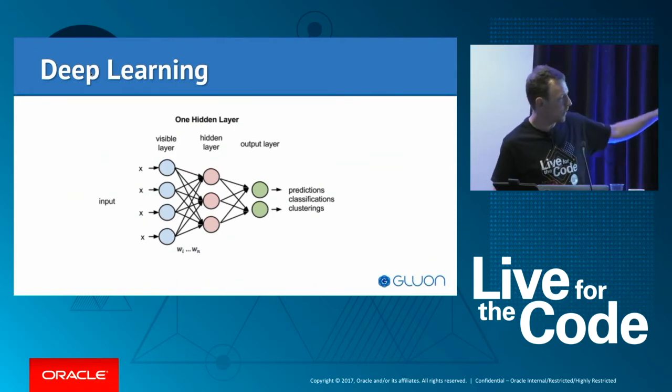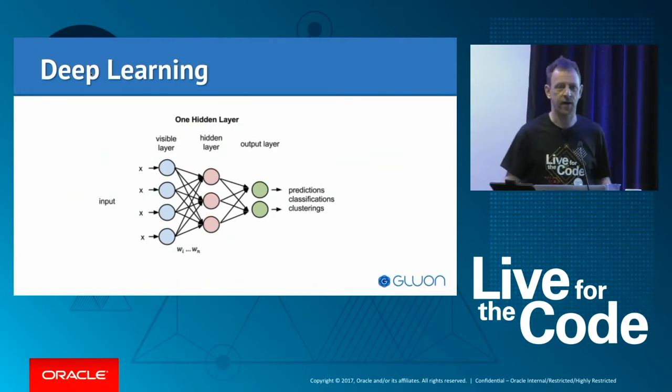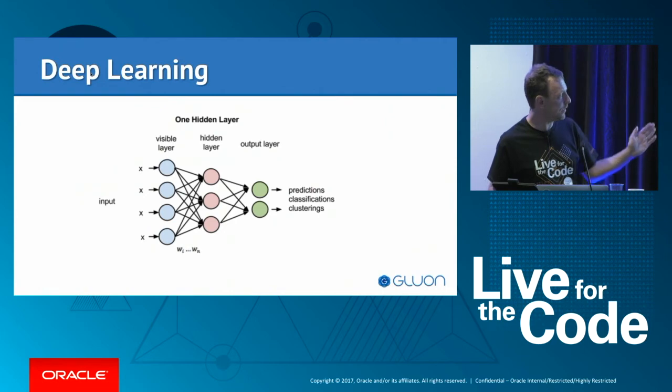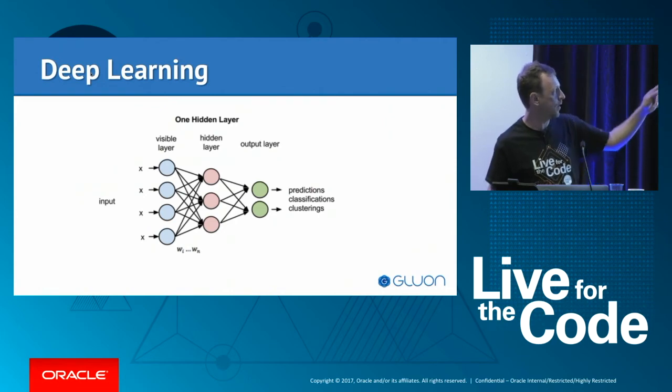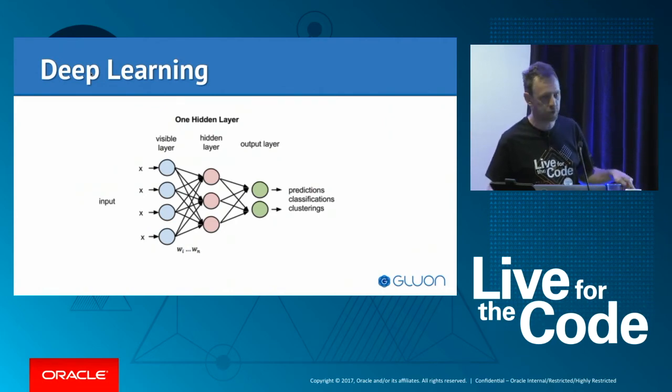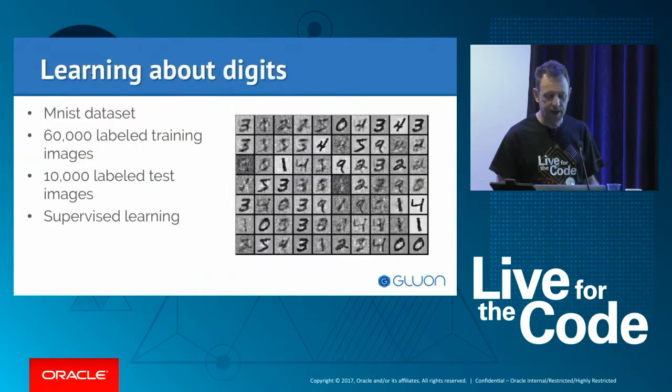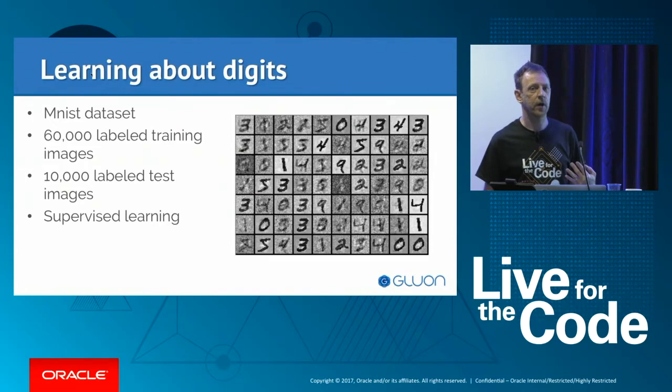And the input layer is a 28 by 28 matrix that is flattened into a vector, and that's sent through the network. And in the end, we want to get one of those output layer nodes to be 1, and all the others, we want them to be 0.